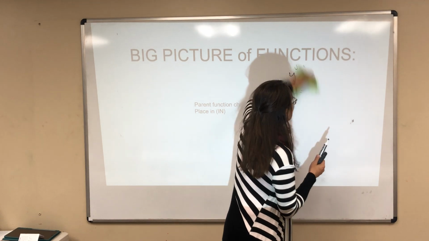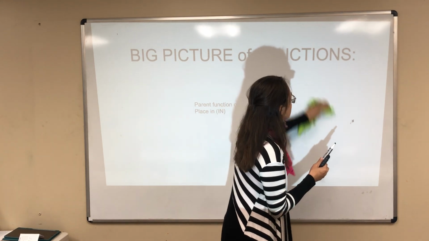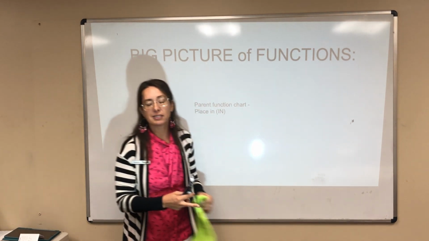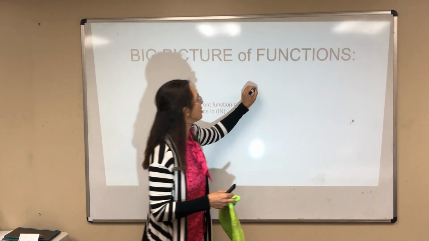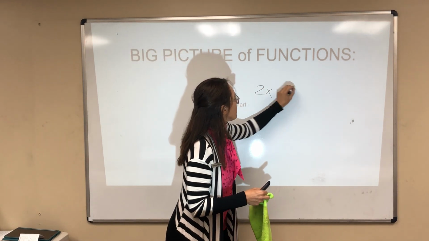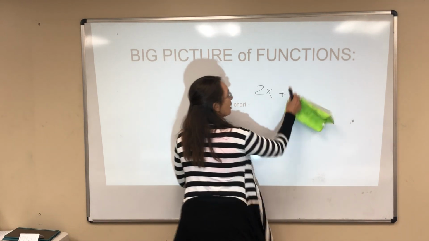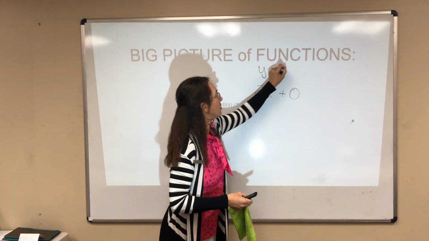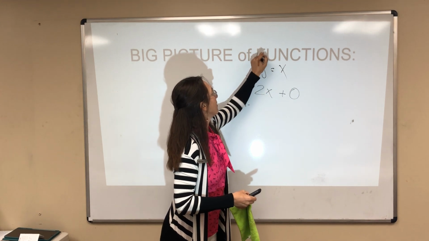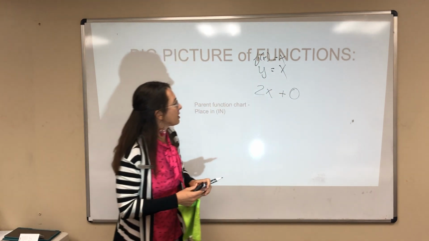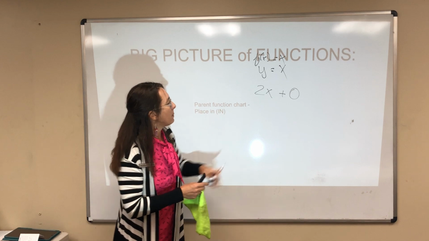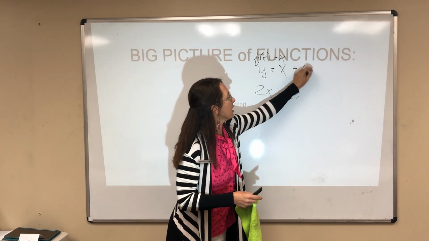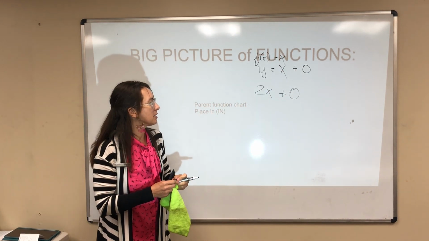Now, the B value is a constant. So I had written C initially. So our B value, sometimes if it's 0, we don't need to write it, right? So that's why they have the whole f of x equals x like that, because it just means we have this 0 added on to it.